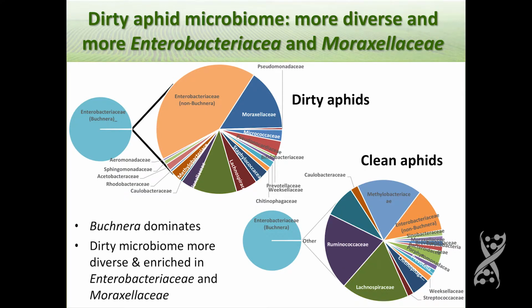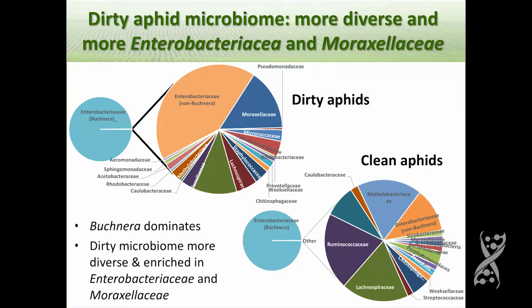So we just recently did a microbiome analysis of the aphid. And I wanted to show you, we compared the dirty and the clean aphids. And what you can see is that, I won't show you all the nitty-gritty, we're still analyzing the data, but first of all, I should tell you that Buchnera, which is that endosymbiont that's crucial for the aphid to survive, dominates in both.